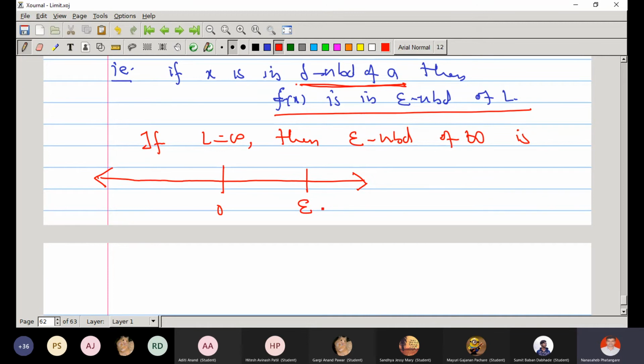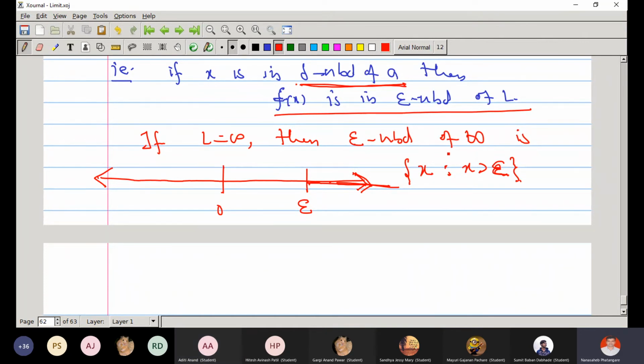If this distance is epsilon, this is a convention, you can say everything on the right side of epsilon is x such that x greater than epsilon. Is it clear? Everything on the right side of epsilon is a neighborhood of infinity. Can you understand what I am saying? Why I am interested in epsilon neighborhood of infinity, it is clear.